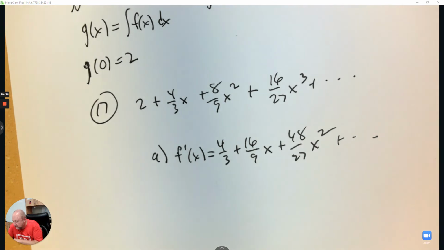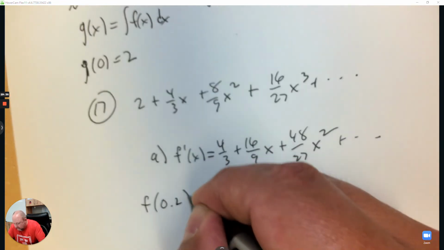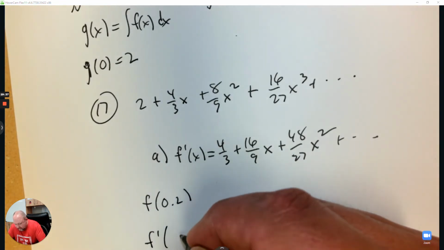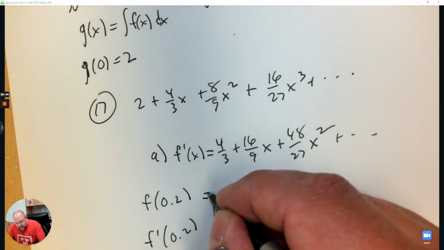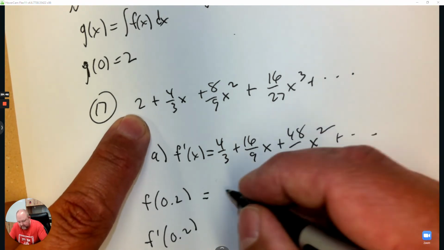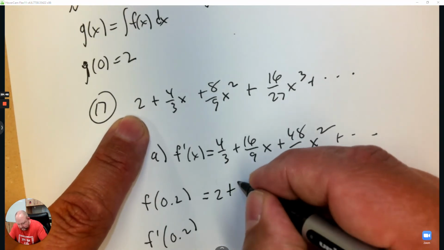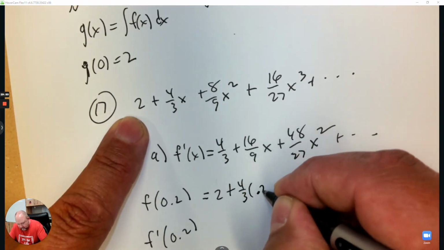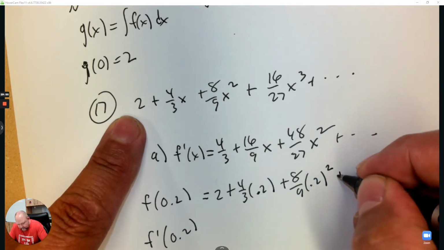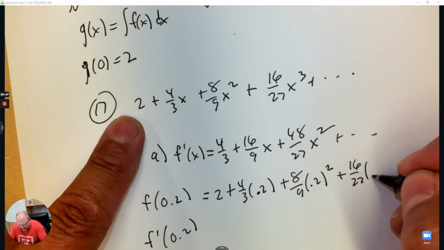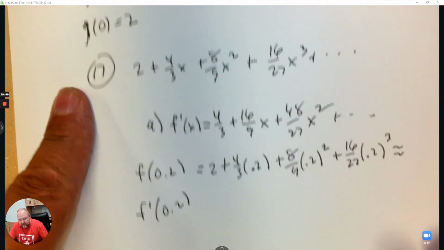Use the appropriate second degree Taylor polynomial approximation for f at 0.2 and the derivative at 0.2. So that means we're going to plug in 0.2. I'm just going to go this far. The further you go, the more accurate it is, but this is good enough for me.